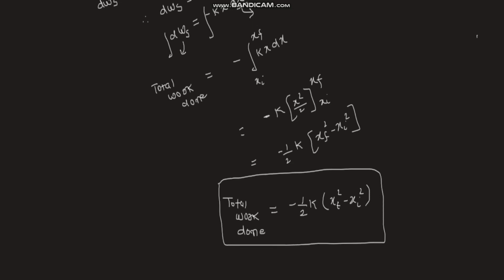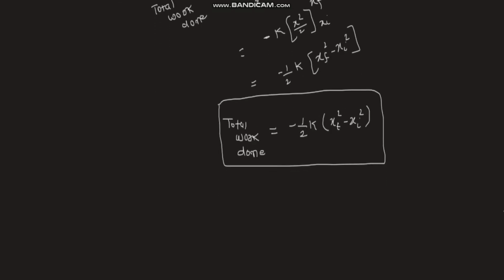Now if we consider x initial to be 0 and x final to be x, this equation comes as work done by spring force is equal to minus 1 by 2 k, x square minus 0 square. That comes out to be work done by spring force is equal to minus half kx square.